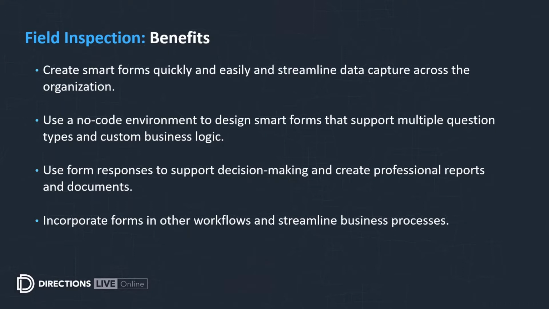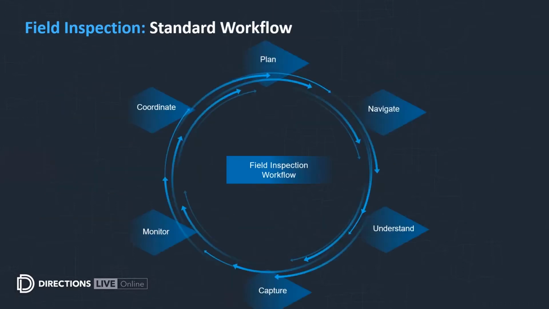So what is the standard workflow for field inspections? The standard workflow will be something like we start with planning. From planning you go to the location that you want to inspect, and then you navigate. And when your field workers are at the location, they try to understand the situation.